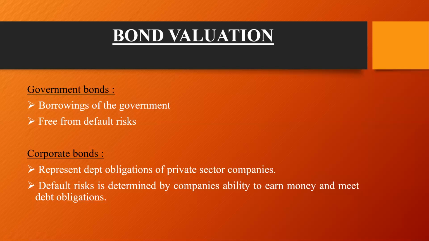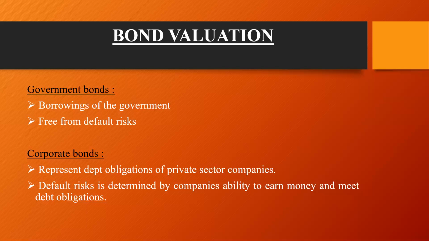Second category is corporate bonds. These represent the debt obligations of private sector companies. Sorry, there is a spelling mistake. It's debt, D-E-B-T. So those bonds issued by the private sector companies are termed as corporate bonds.